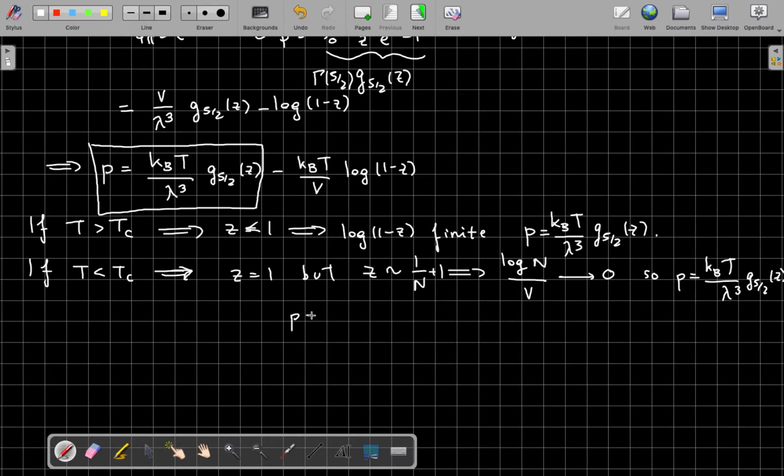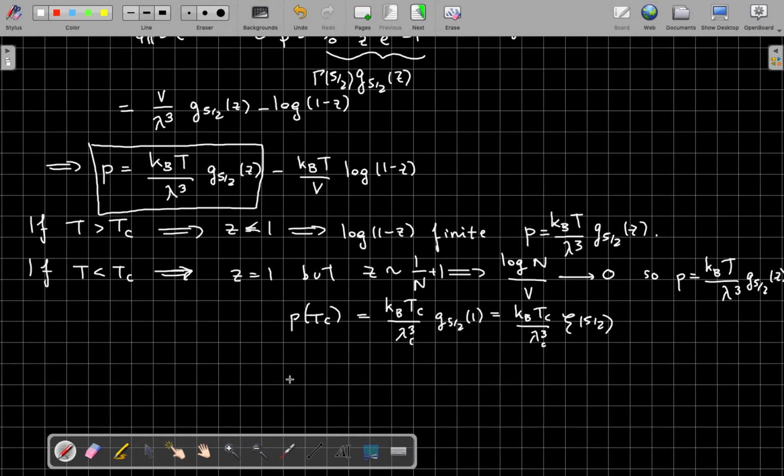So the pressure at Tc is going to be equal to kB Tc over lambda cubed g 5/2 of 1, but that's kB Tc over critical lambda cubed, times zeta of 5/2.